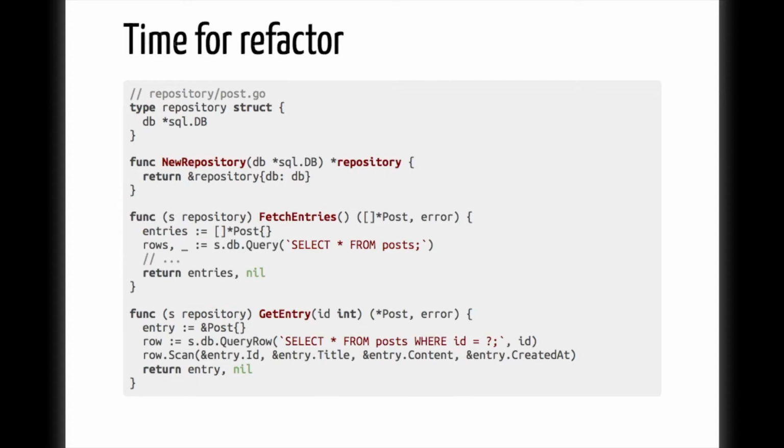Okay. So now, having the previous knowledge in place, the refactor itself for this repository is pretty minor. As you can see, I removed the code responsible for creation of the database connection, and simply pass it to the repository constructor.